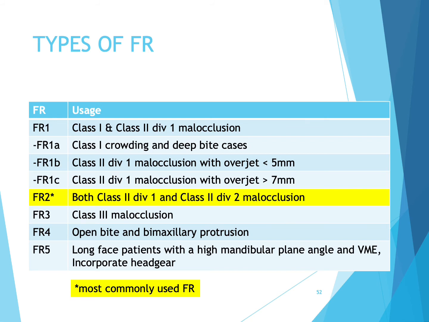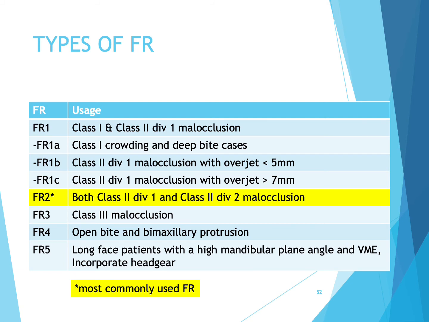It is also used for Class 1 deep bite cases. FR1B is used for Class 2 Division 1 malocclusion where the overjet does not exceed 5 mm. FR1C is used for Class 2 Division 1 malocclusion in which the overjet is more than 7 mm.